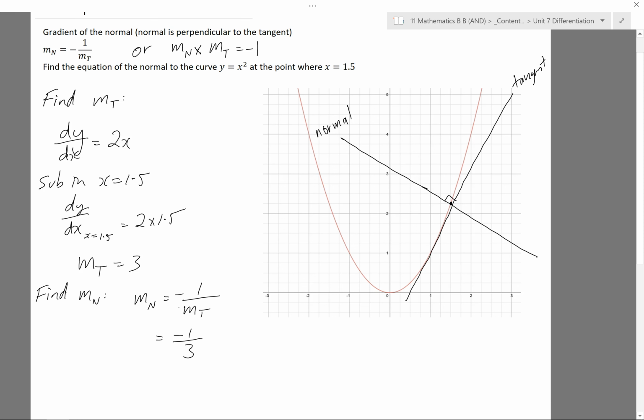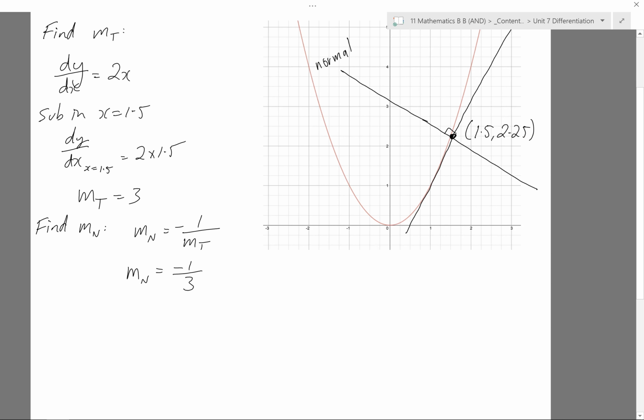From here, again, to find the equation of any line, I need the gradient and a point. So I know what this gradient is. I'm not going to find this point again. We know that it's (1.5, 2.25). I'm just going to go ahead and find the equation of the normal.